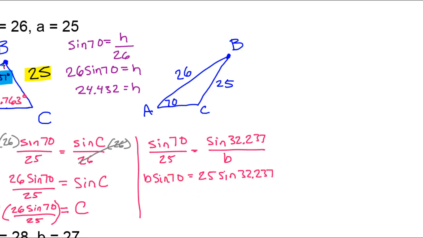And then if I were to divide both sides by sine 70, the sine 70 goes away. That's going to give me B is equal to whatever I get right here. So I would just put all of that into my calculator if I were you.